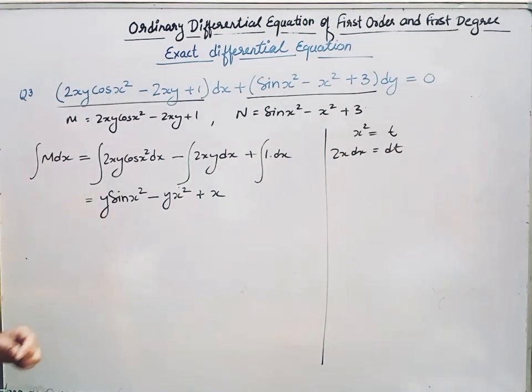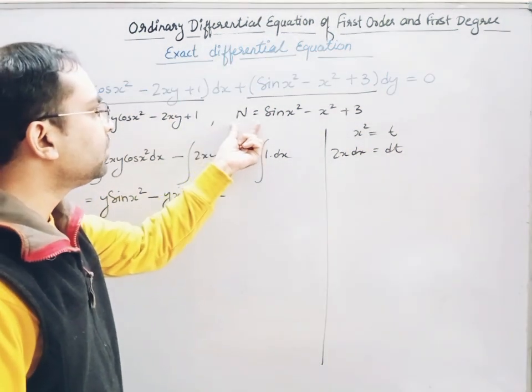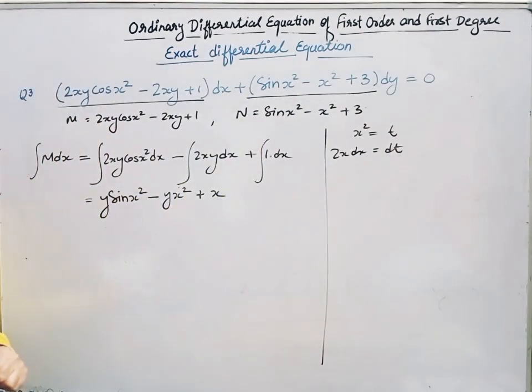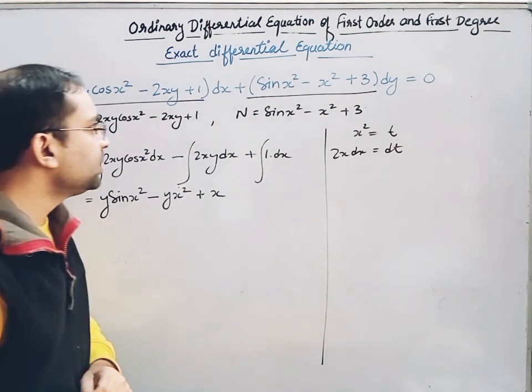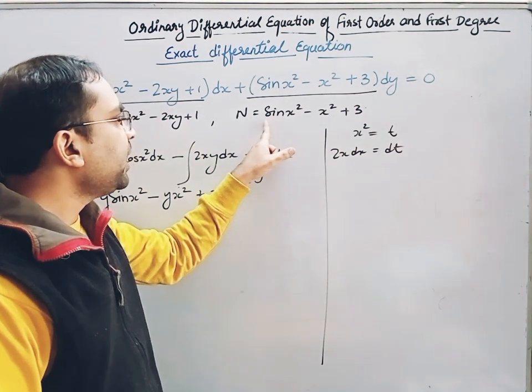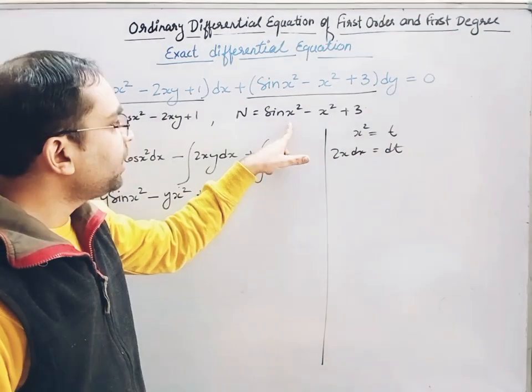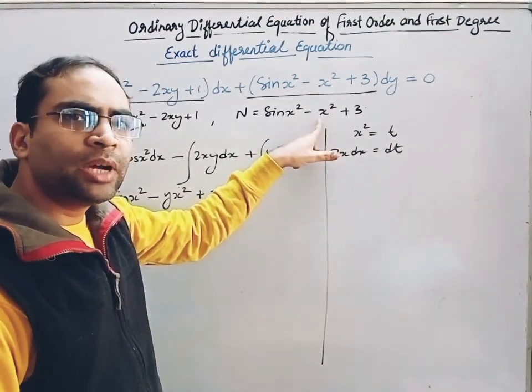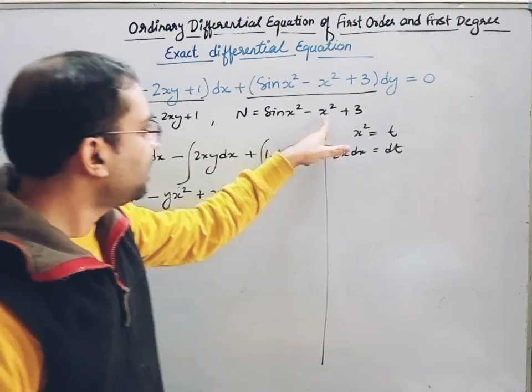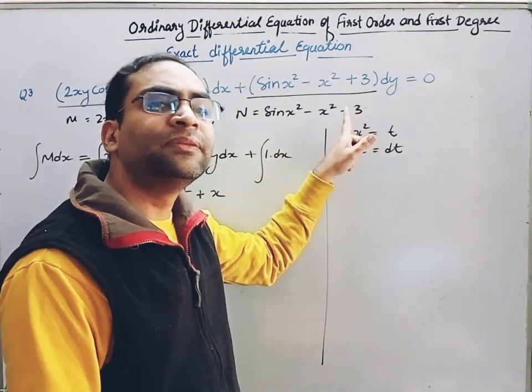In the second step, we have to find the integral of n dy, but we have to take only those terms which are free from x. Here we can see that in sine of x square, it's not free from x. Minus x square is also not free from x, but plus 3, yes, this is free from x.